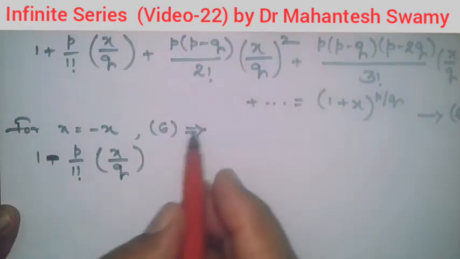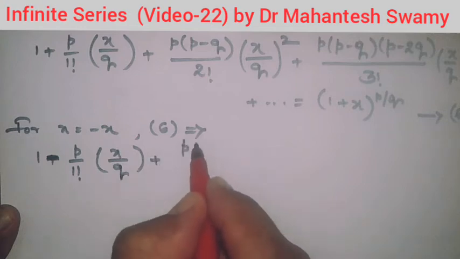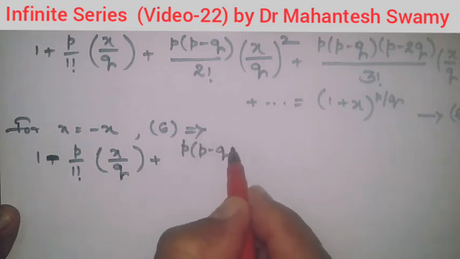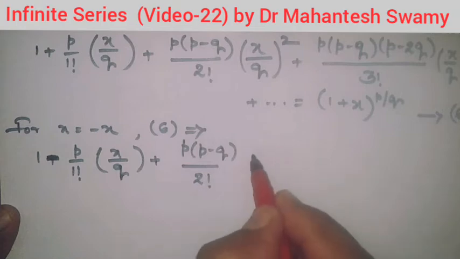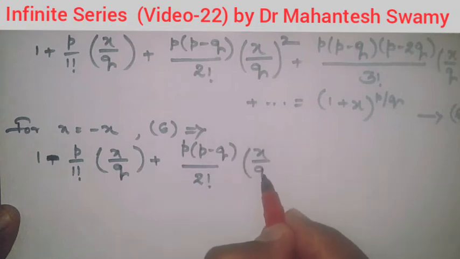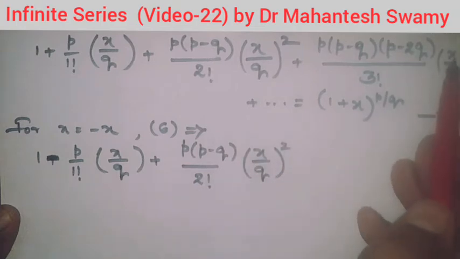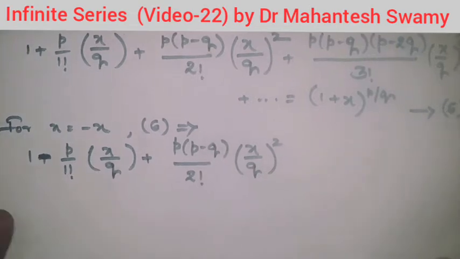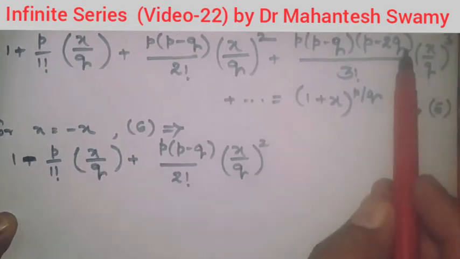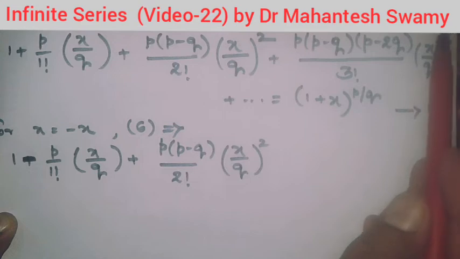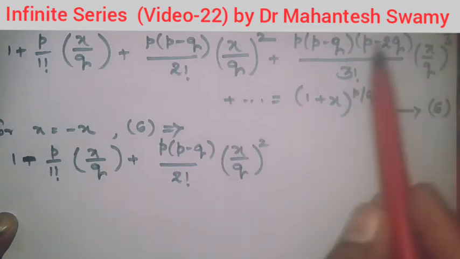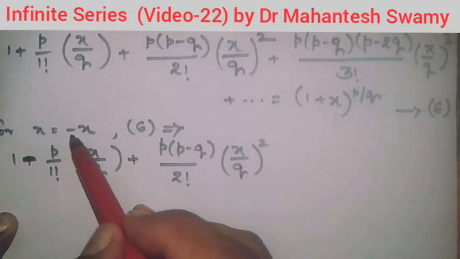This is an even power, it remains as it is, p into bracket p minus q divided by 2 factorial into bracket x by q whole square, and this is an odd power of x, that is x by q whole to the power of 3. We are having an odd power, therefore that is going to give you a minus sign on substitution of x with minus x.